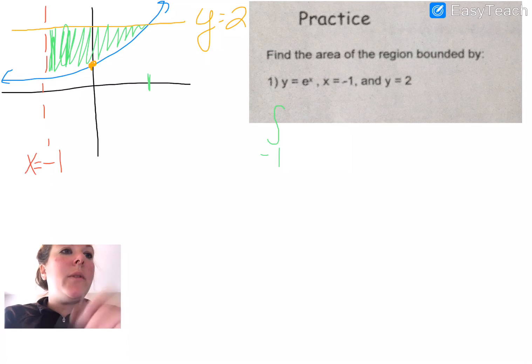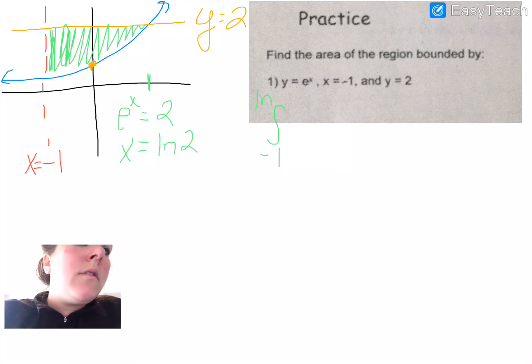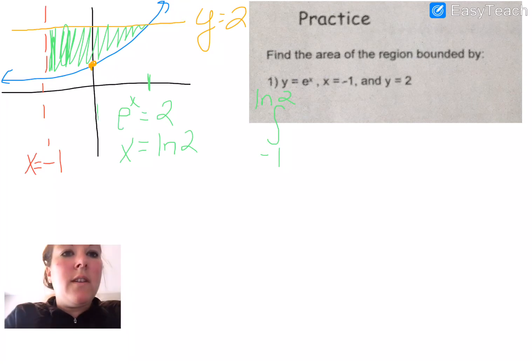So I need to figure out where they intersect. I want to know, where does e to the x equal 2? By taking the ln of both sides, I get x is equal to ln 2. So that gives me my top bound. That was just taking the ln of both sides.